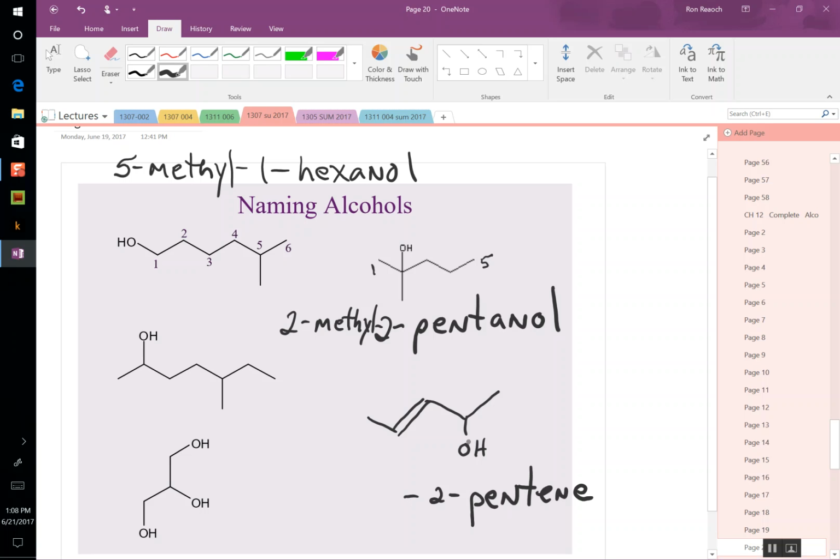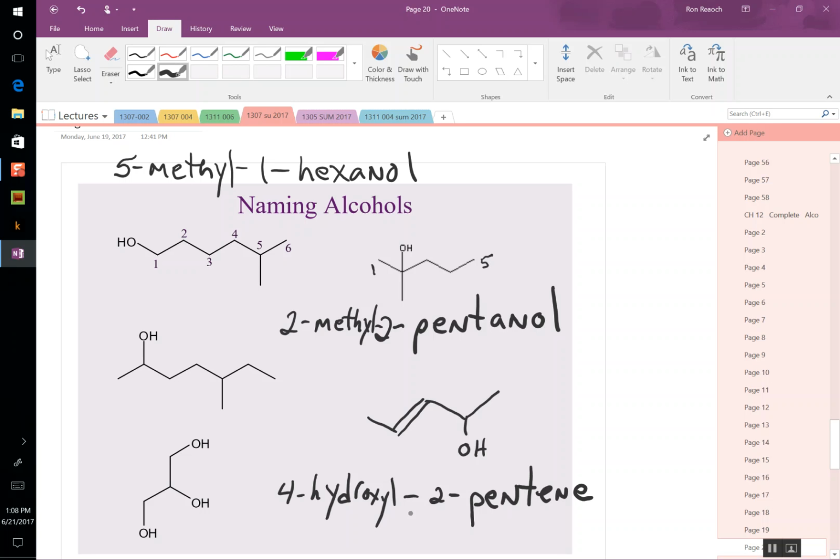So what do we do with the hydroxyl? 4 hydroxyl. I kind of gave that away. 4 hydroxyl, 2 pentene. So there is a case there where we need to know what to call an OH as a substituent.